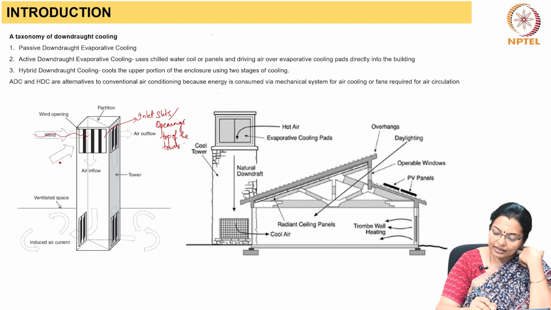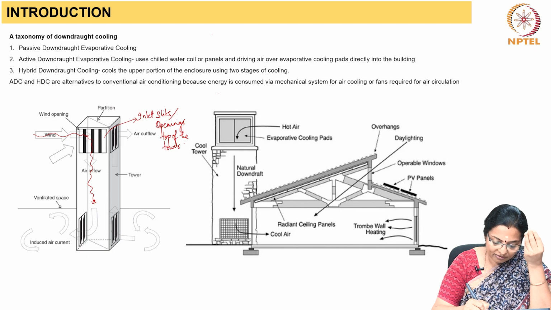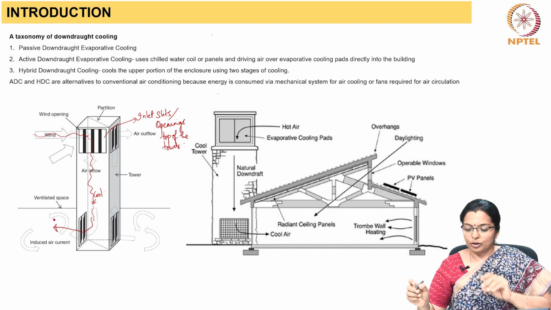And then there is a system which could add mist or humidity, which makes the air heavy, and the heavier air which becomes cool flows down and enters the room.